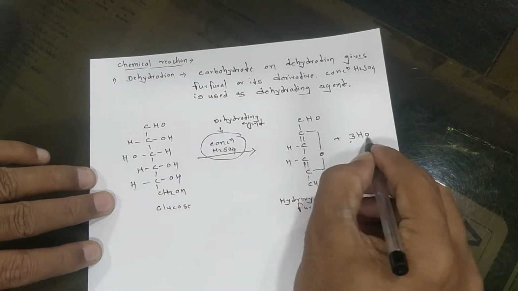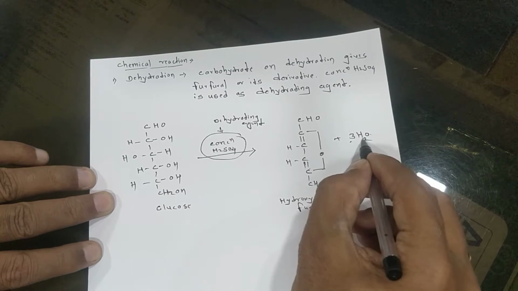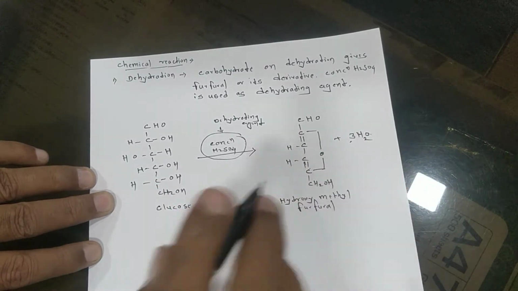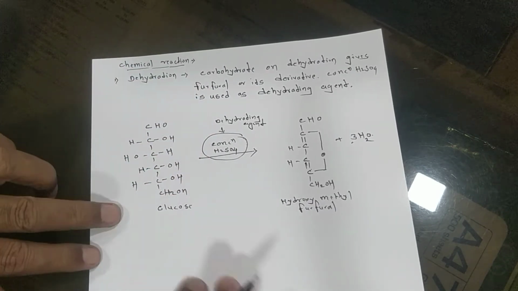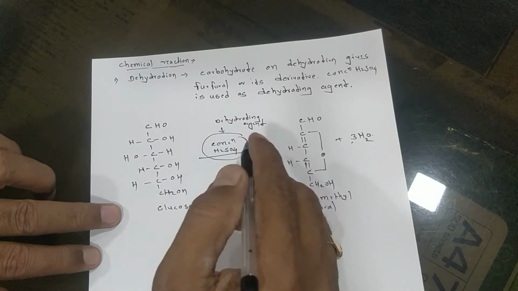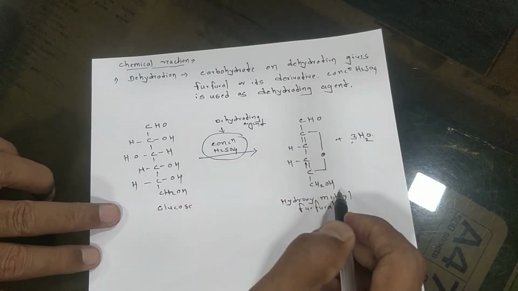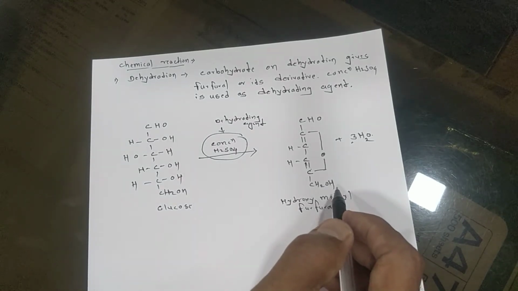Now remove the 3 water molecules, 3 H2O. Now 3 H2O are removed and we get the furfural derivative, and sulfuric acid reacts as a dehydrating agent. The glucose reacts with the dehydrating agent and gives the furfural derivative; this is called a dehydration test.